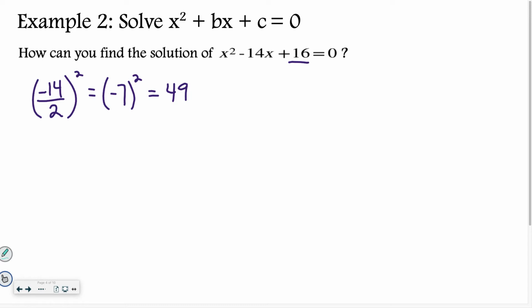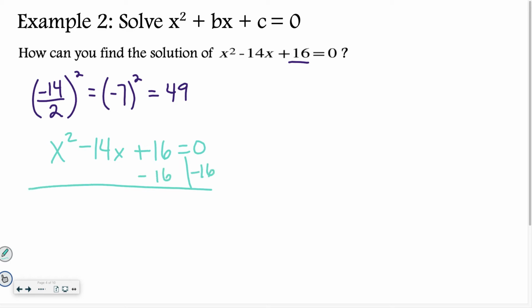This number is not 49, so I know it's not a perfect square trinomial. So instead, I'm going to rewrite it. I'm going to leave x squared minus 14x, and then I have that plus 16. I'm going to subtract 16 from both sides. I'm going to say x squared minus 14x equals negative 16.